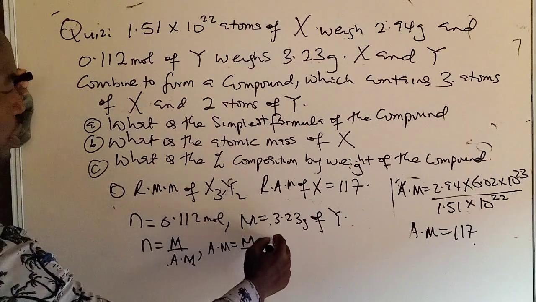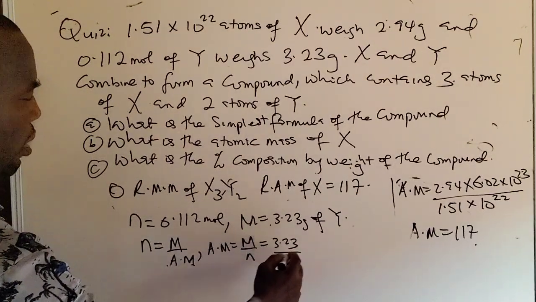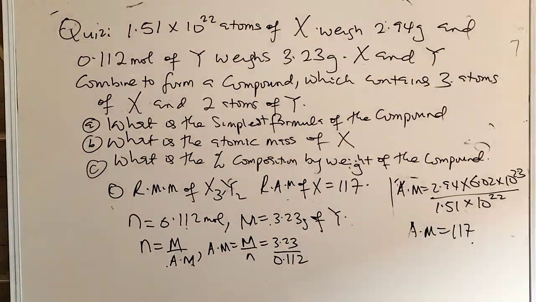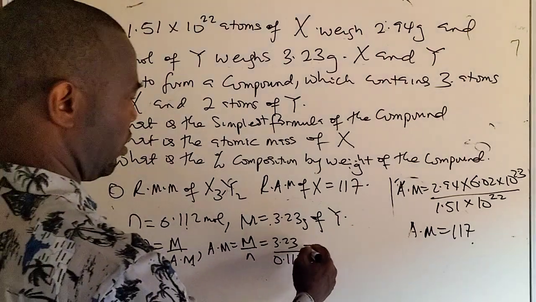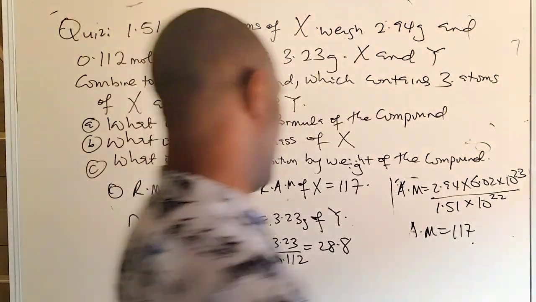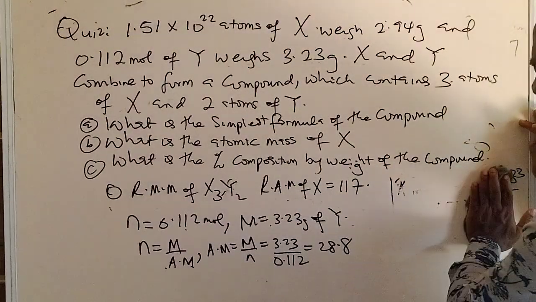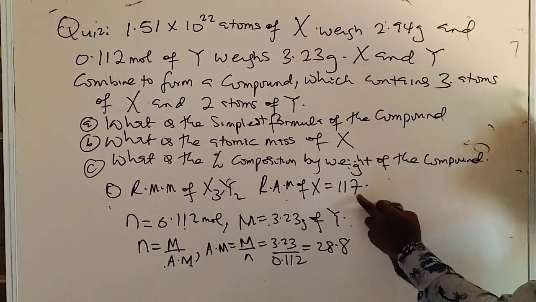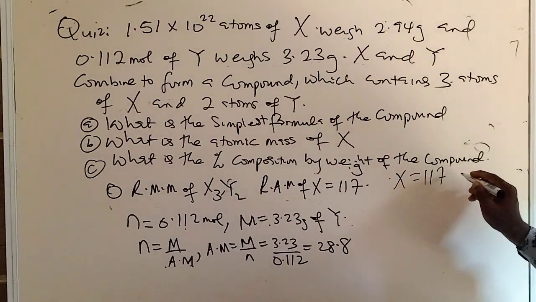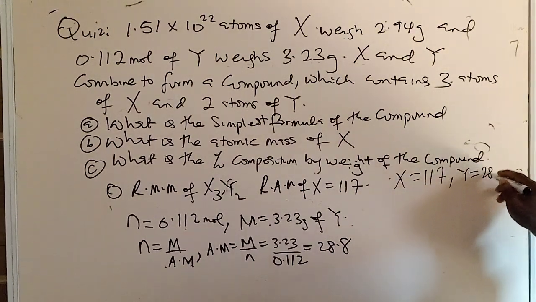The mass of Y is 3.23. The number of moles is 0.112. So you now find the atomic mass of Y first, and that'll give you 28.8. So we have obtained the atomic mass of S as 117, and that of Y as 28.8.